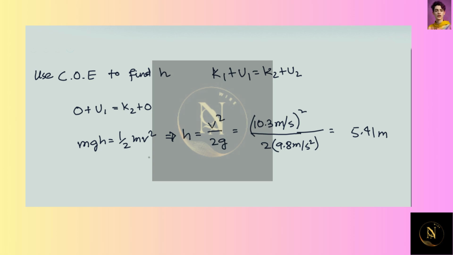Then at point number 2, or at the base, there's no potential energy because we considered that as our ground, so all we have is the kinetic energy. So from there, if we solve for h, we see it's v squared over 2g, and we already calculated v from the previous parts. So we put v there and g there and see that the height is 5.41 meters.